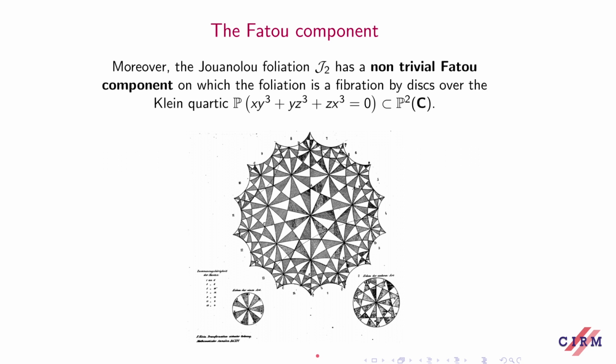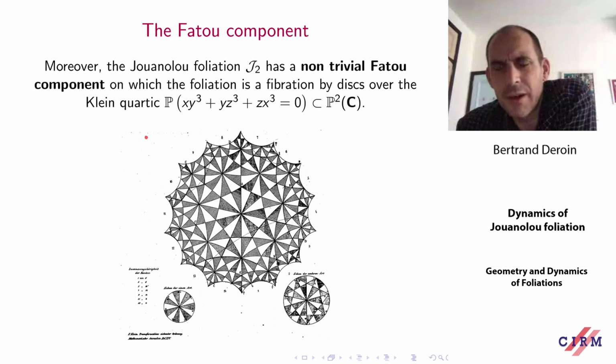We prove that this Jouanolou foliation has a non-trivial Fatou component. I will not describe the theory here. There were different works trying to define what a Fatou component is for a foliation.